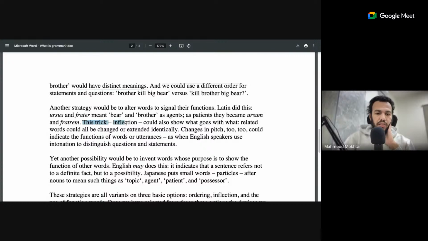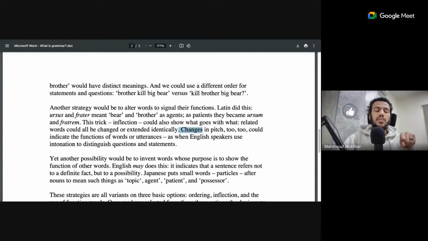This trick is inflection. Inflection could also show what goes with what. Related words could all be changed or extended identically. So that's equivalent to the Arabic ضرب محمد عليا.